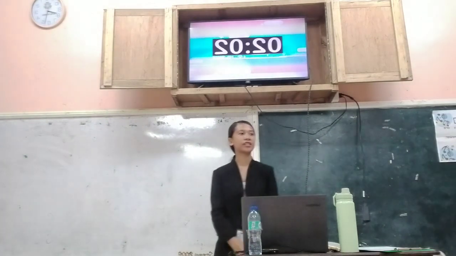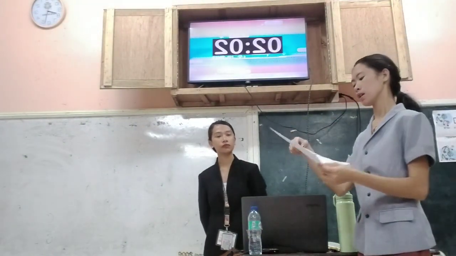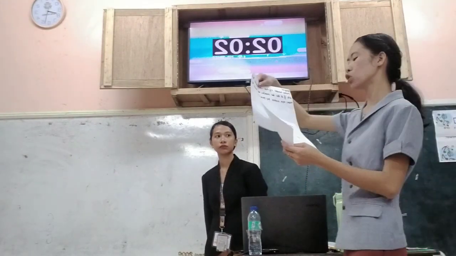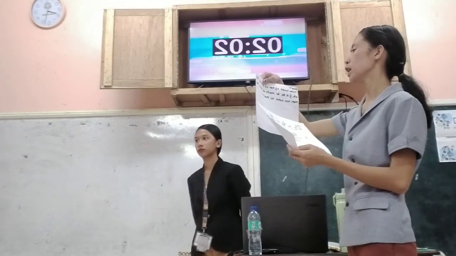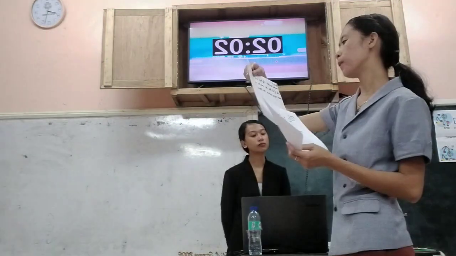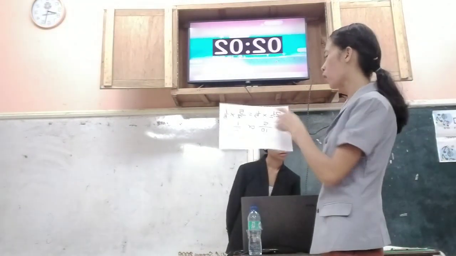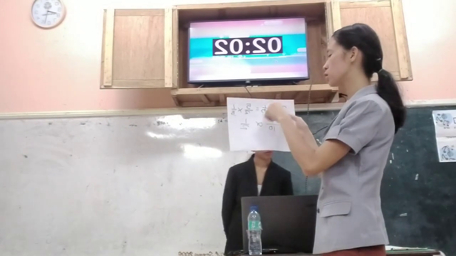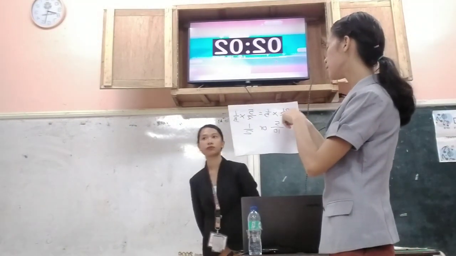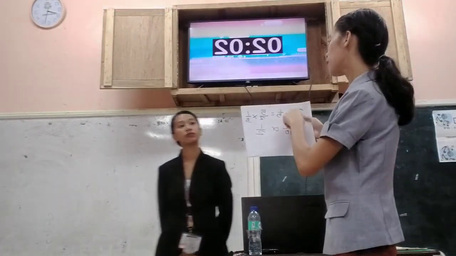Okay, group 2, please present your work. So, this is my work. This is the solution. My mother bought 2 and 1/2 kilograms of mangoes, and Pearl ate 1/5 of it for snack. So, we'll multiply 2 and 1/2 times 1/5. 2 times 2 equals 4, plus 1 equals 5 over 2, times 1/5.